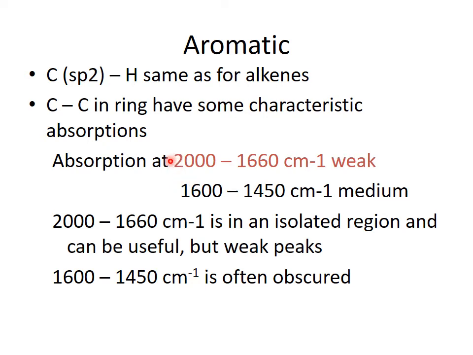They're weak, but they're specific at this 2000 to 1660 area that really is kind of unique. We'll look at that. They also have the carbon-carbon double bond absorption down here. But these are weak, and they're usually easy to see. They can be very useful in helping you recognize an aromatic compound.